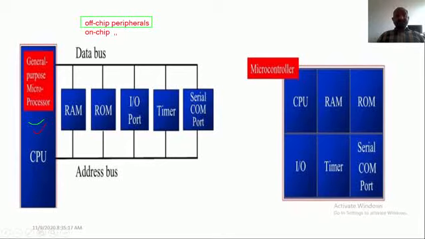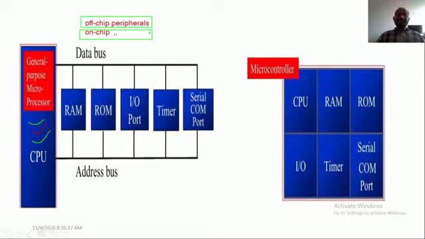But if the memory devices and whatever features you are seeing on the screen in the microcomputer are all there as a part of the microprocessor itself, then they are called on-chip peripherals, because these peripherals are available on the same IC.